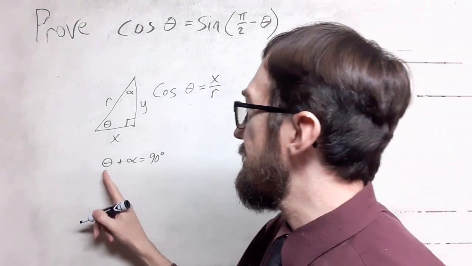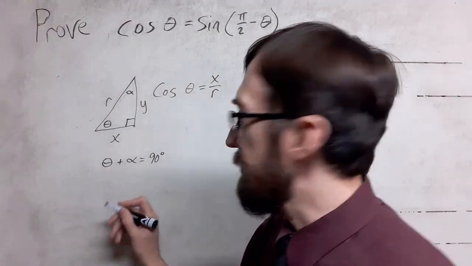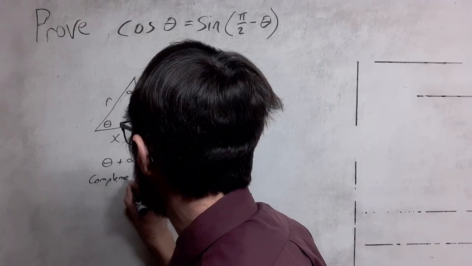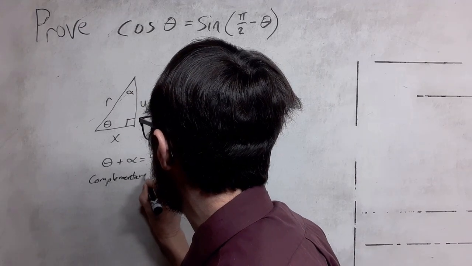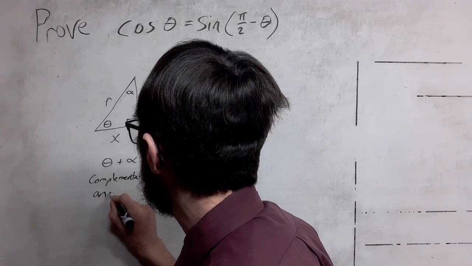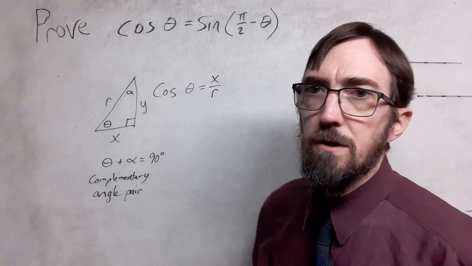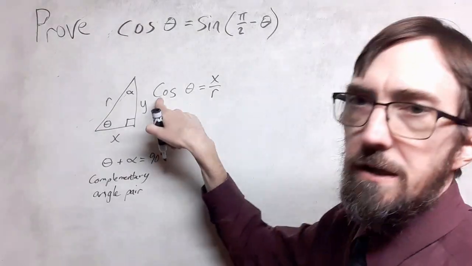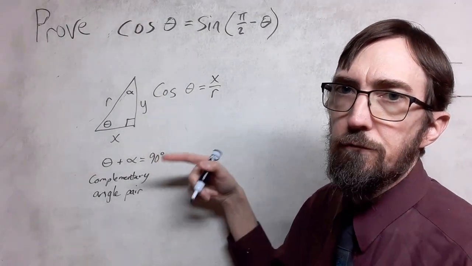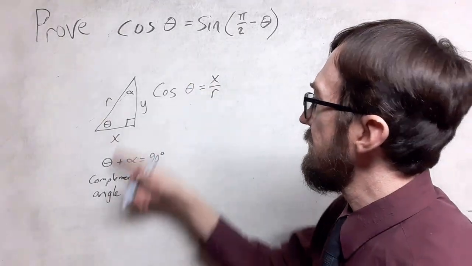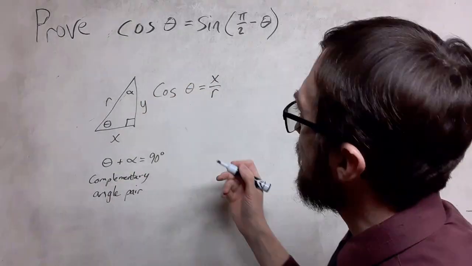That means that this is a pair of complementary angles. Some of you may or may not know that cosine actually is shorthand for the complement of sine, because there is a relationship between these two angles here.